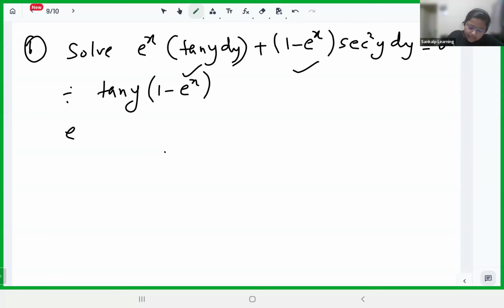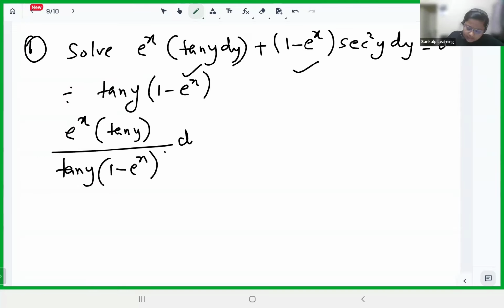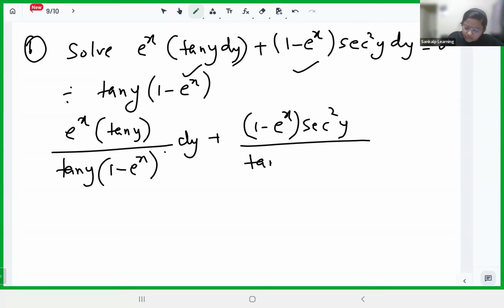So this one will become e raised x into tan y divided by tan y into 1 minus e raised x into dy plus 1 minus e raised x into sec square y divided by tan y into 1 minus e raised x dy equal to 0.